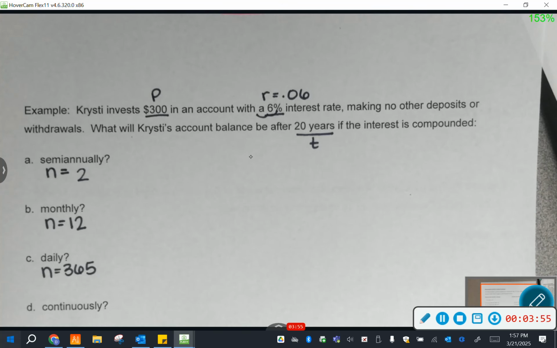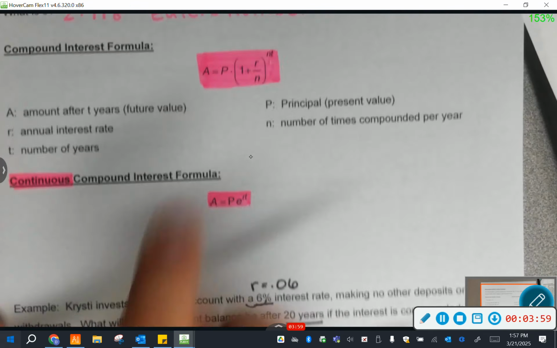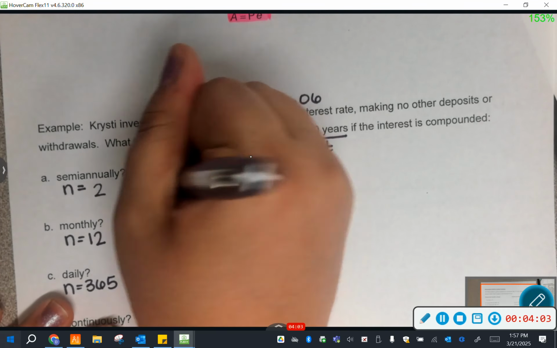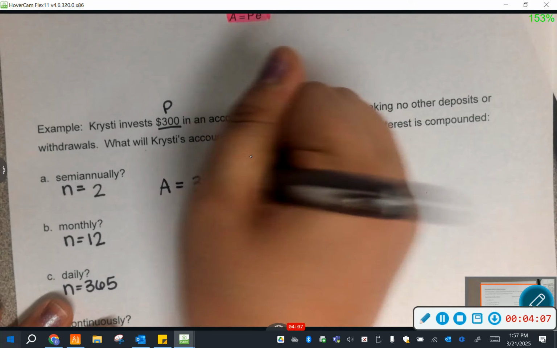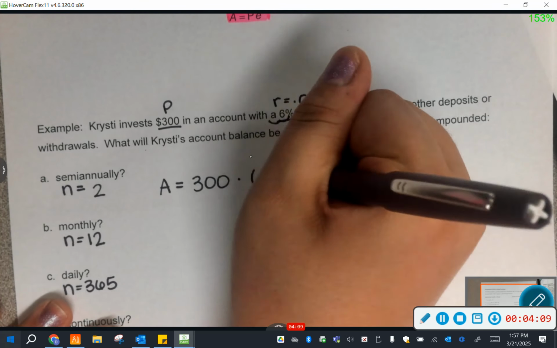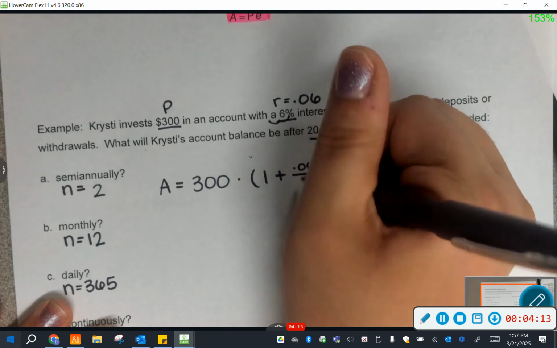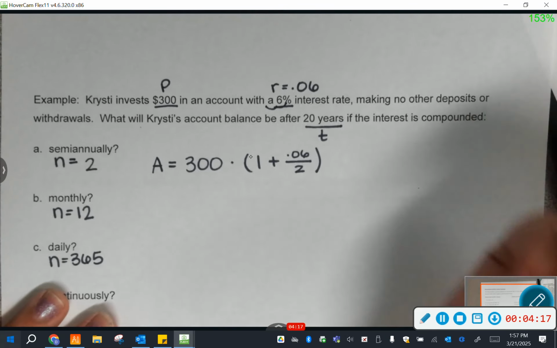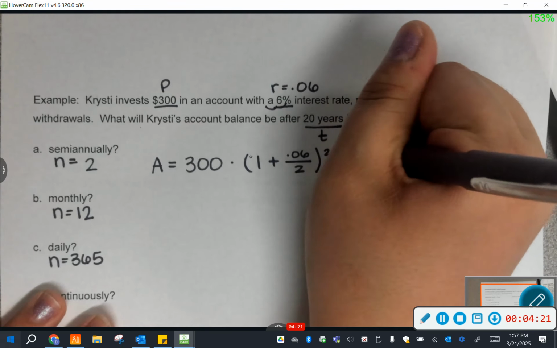Okay, so how do we do this then? We're just going to plug in to my first formula right here. So I'm going to say A equals, my P is 300 times 1 plus the rate is 0.06 over 2 raised to the 2 times 20.